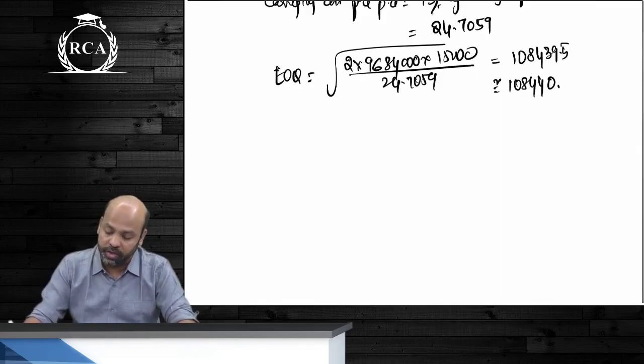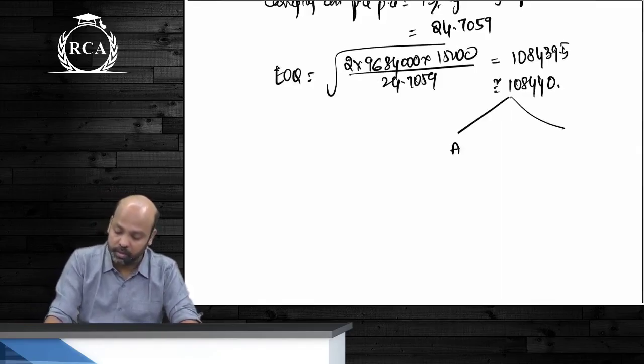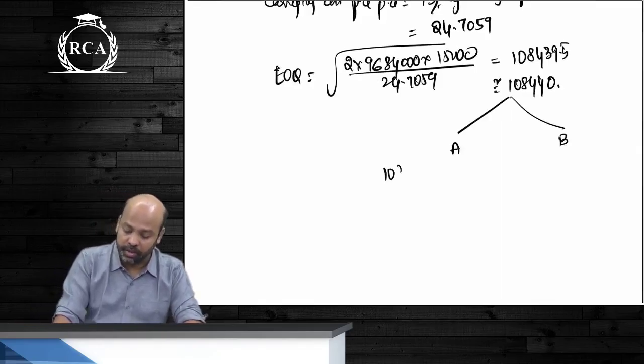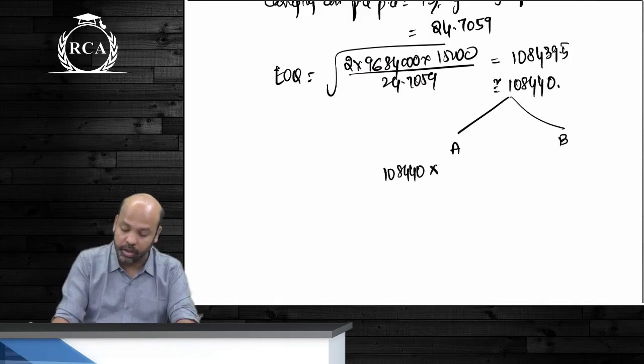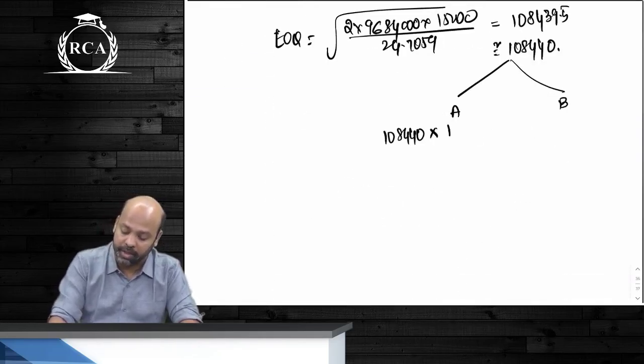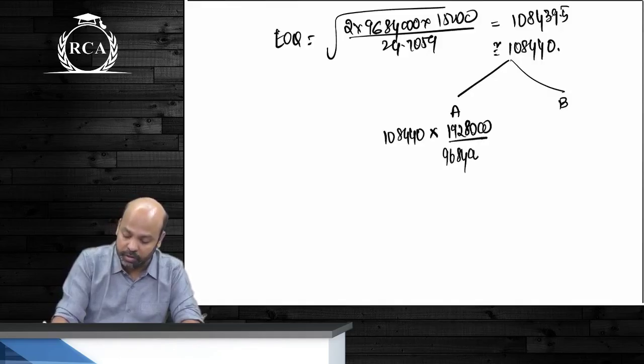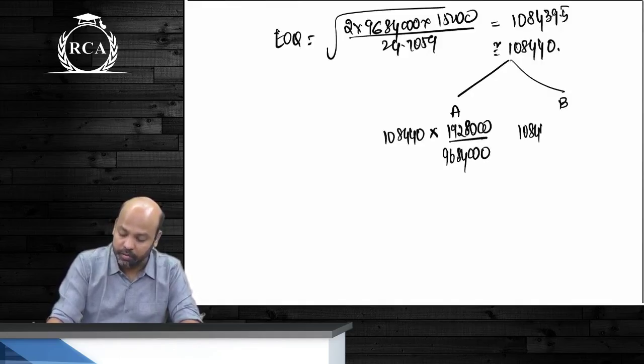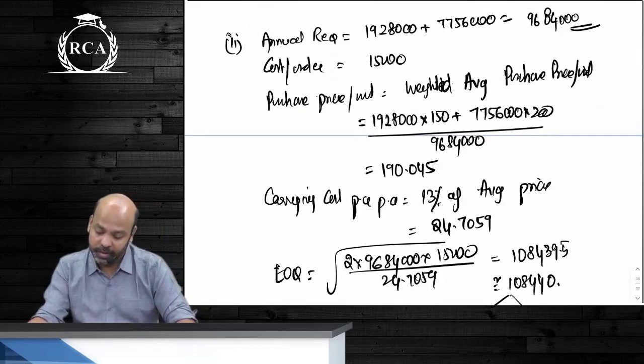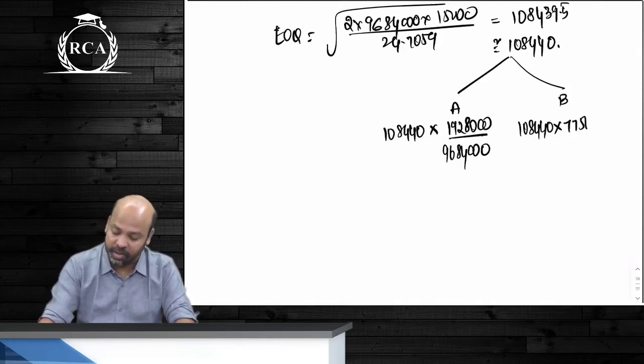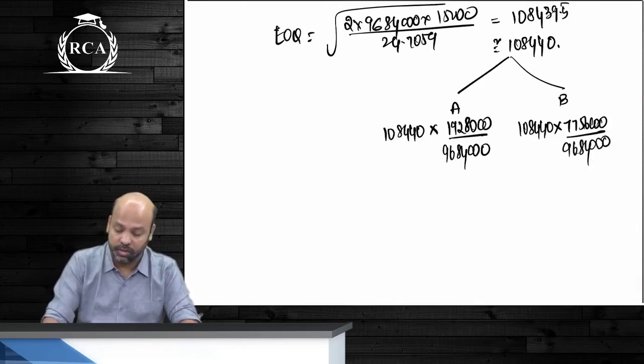If you want to segregate this into A and B now, you divide in the ratio in which the quantities are being ordered. So that will be 1,08,440 multiplied by 19 lakhs 28,000 divided by 96 lakhs 84,000, and 1,08,440 multiplied by 77 lakhs 56,000 divided by 96 lakhs 84,000.